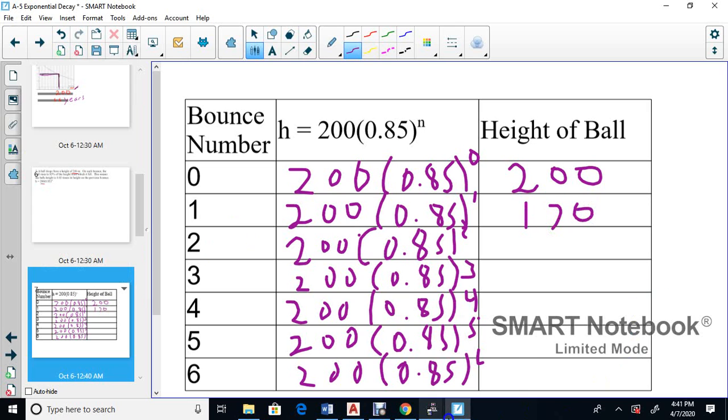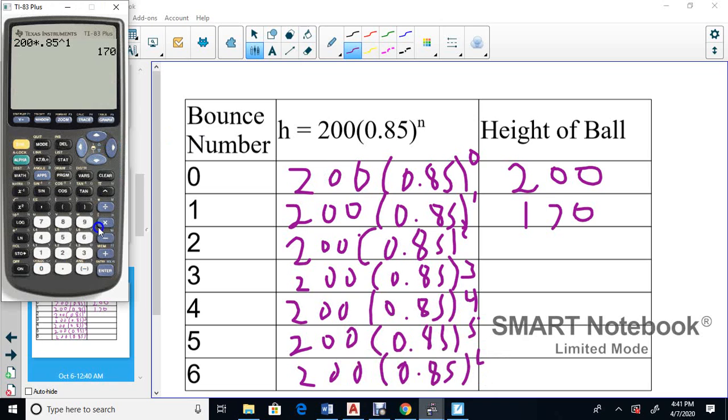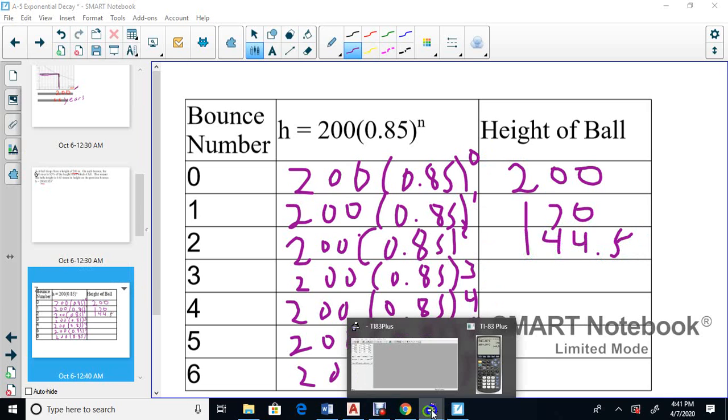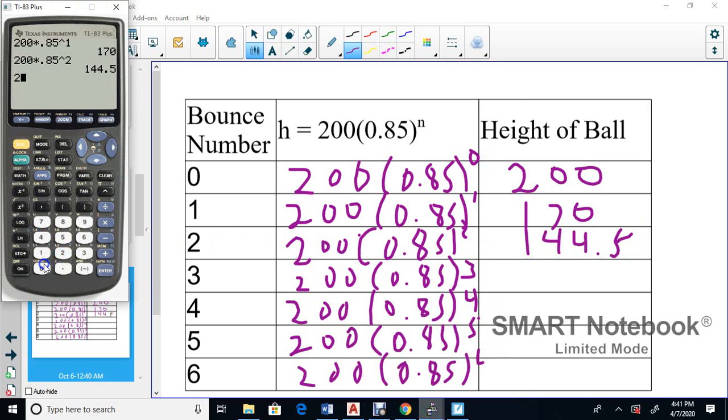Okay, next one. 200 times 0.85 to the exponent 2, 144.5. Next one. 200 times 0.85 to the exponent 3. Whoops.